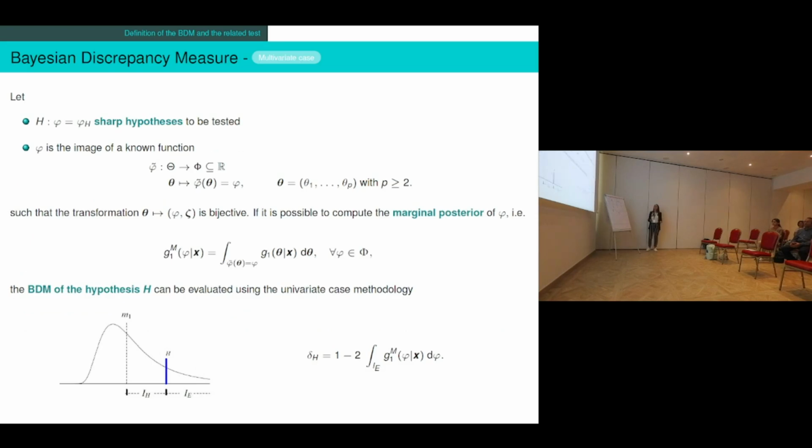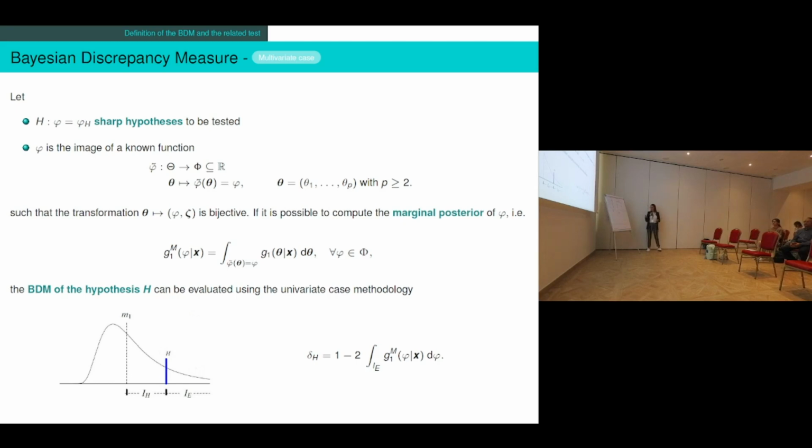Okay, now we can move on to the definition of the Bayesian discrepancy measure in the multivariate case. For now we are not able to test all of the hypotheses. We can test only the hypotheses that partition the parameter space.